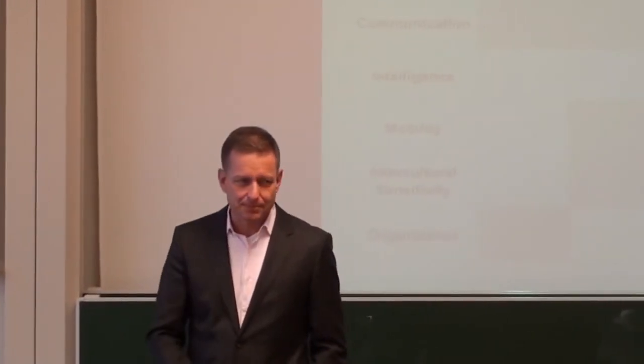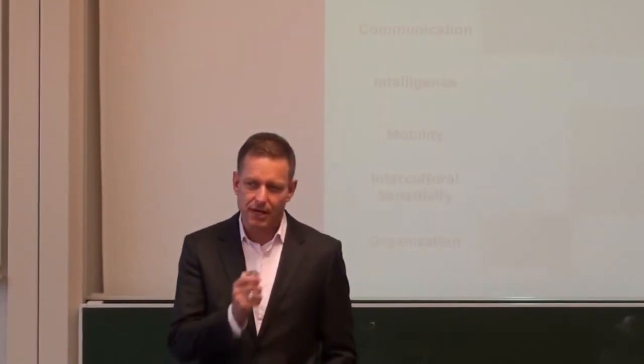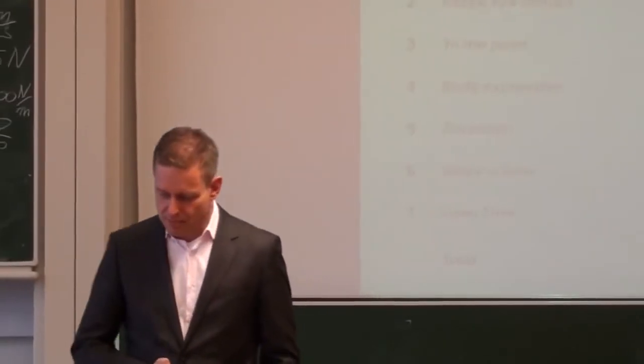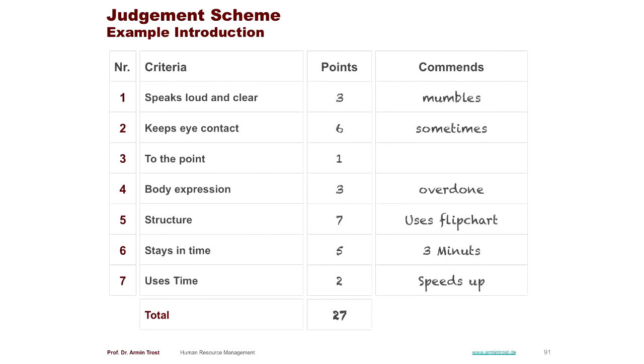One last thing. For every exercise, there's always a kind of judgment scheme. I told you about the introduction exercise right at the beginning. And you must really see that every assessor has this kind of scheme in front of them where they can put points related to your performance.